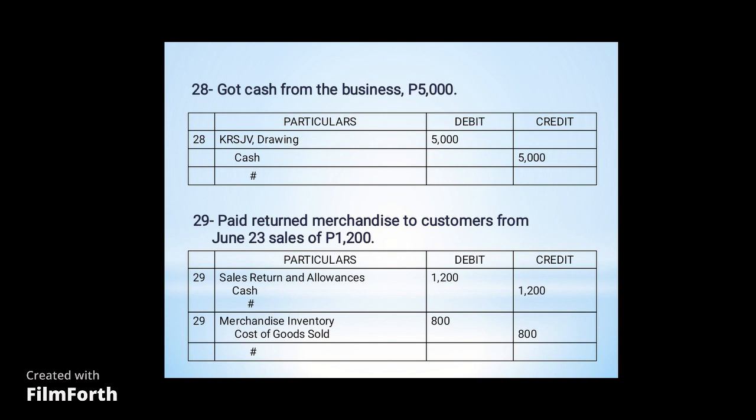29. Paid return merchandise to customers from June 23 sales of 1,200. So debit, sales returns and allowances, credit, cash. And also debit merchandise inventory and credit cost of goods sold.